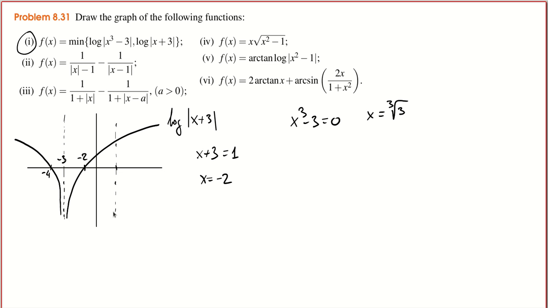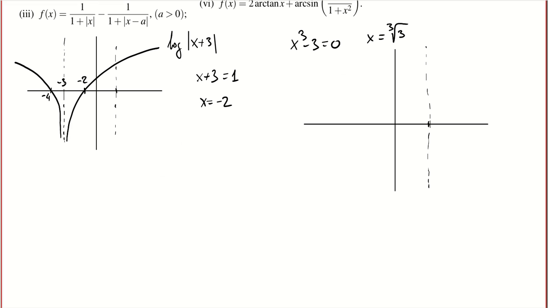Well, actually, let me plot it here separately, right? So you have this point, okay? And you have a vertical asymptote at this point, right? And now we'll see what the function looks like around this asymptote. So let's say, not f, let me call it y. Y is the logarithm of the absolute value of x cubed minus 3, right?